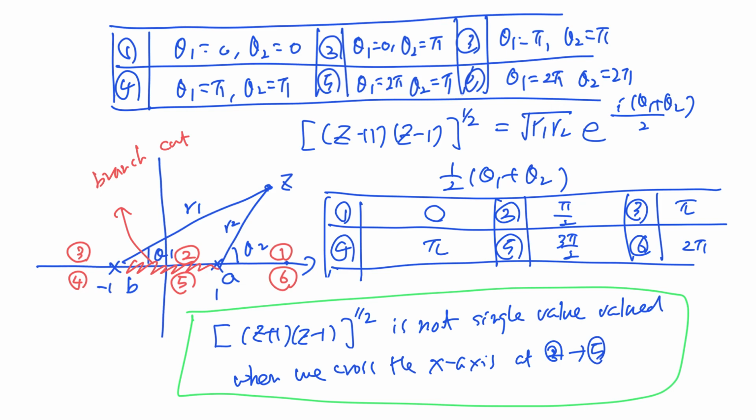So we need to prevent the crossing by putting in the branch cut. Again we need this.